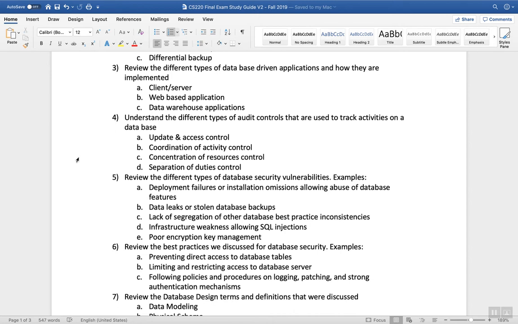The concentration of resources control, the idea of how do you manage a centralized resource that all the data is consolidated into. How do you deal with that?